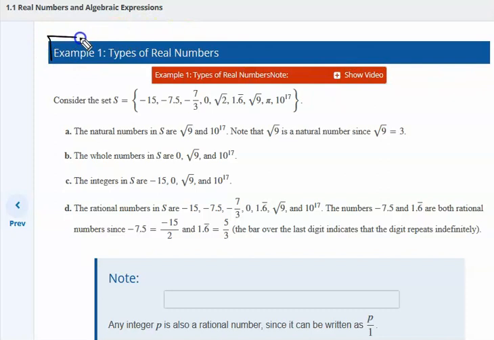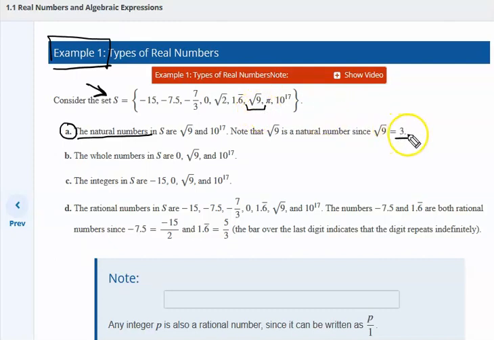So you're going to call this example 1, and you're going to write this. And what they're asking you to do here is to pick out from this list of numbers the natural numbers. So for letter A, looking through the list here, now the square root of 9, the square root sign is an operation, so it's to take the square root of 9.